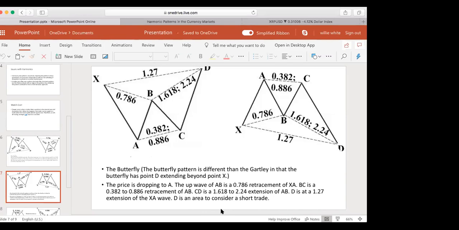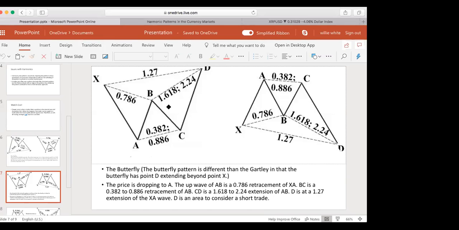And CD is a retracement of 61.8, if we're dealing with the Fibonacci retracements, to a 2.24. So if BD right here is the length, let's say the length is 1.618 to 2.24.